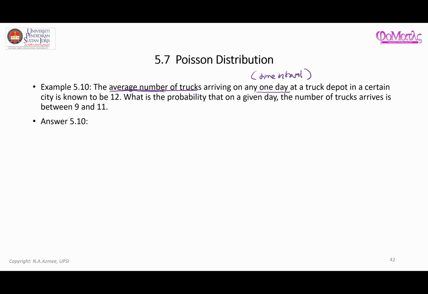And the question is asking you to find the probability that on a given day, one day, so it matches, the number of trucks arriving is between 9 and 11.